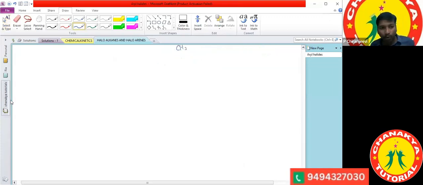2-methyl propyl bromide. So I'm writing it as a reactant. That means CH3, CH, CH3, CH2Br. 2-methyl propyl bromide reacts with C2H5O minus.